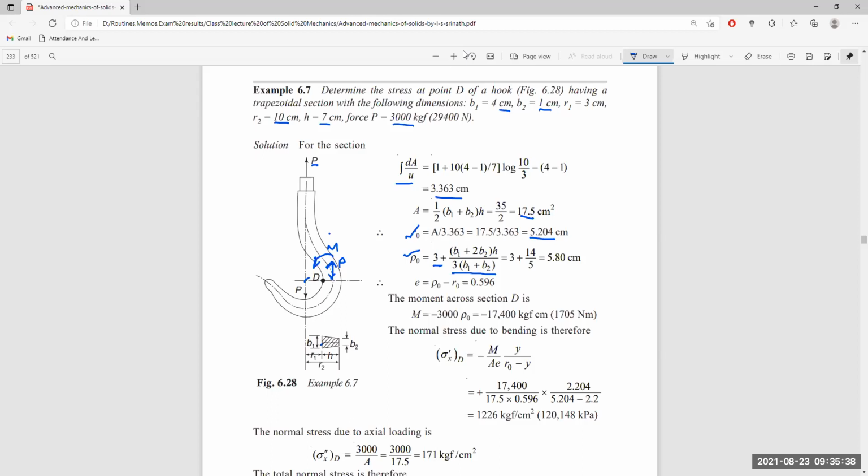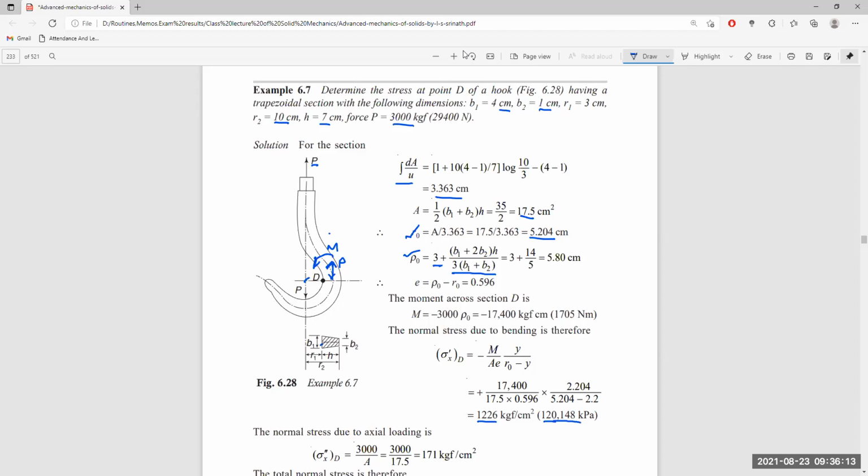Now we have to find out. So we put M, which we have already calculated, A is calculated, and E is calculated, multiplied by 2.2004, which is the distance Y, divided by R0 minus 2.204, which is given as 12.26 kgf per centimeter square plus, which is equivalent to 121.120.148 kilopascal.